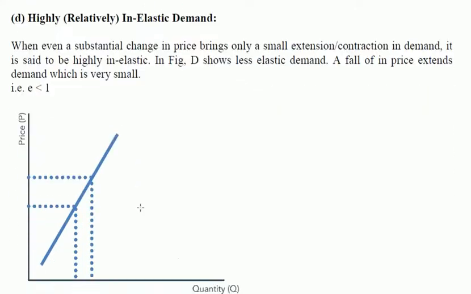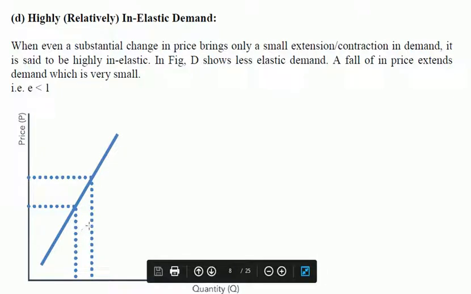And then the fourth one is about highly inelastic supply or relatively inelastic supply, which is quite similar to the second one, which was perfectly inelastic. This highly inelastic supply will tell, even if there is a considerable increase or considerable decrease in the price, the quantity reacting to that change in the price is very small.